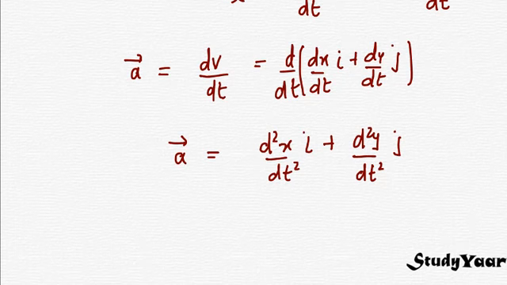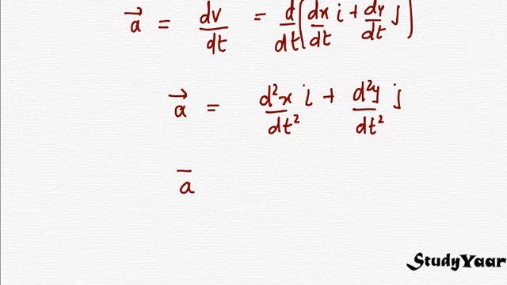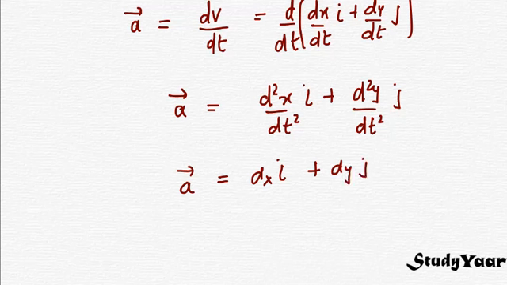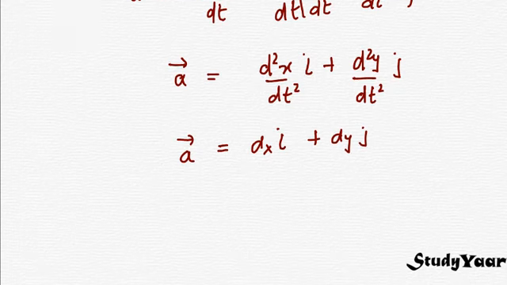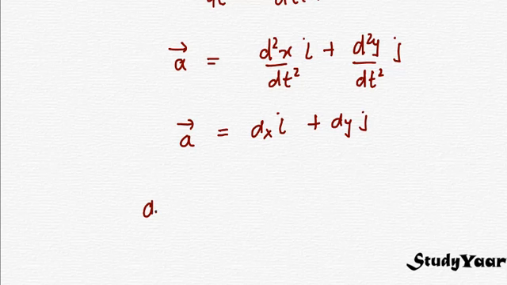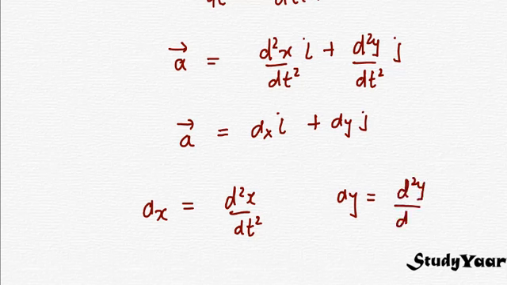Okay, therefore if I resolve my acceleration as ax i plus ay j, where ax is the component in x direction and ay is the component in y direction, then my component in x direction is going to be equal to d square x by dt square, and my component in y direction is going to be equal to d square y by dt square.